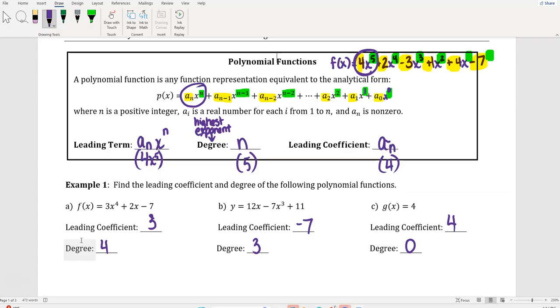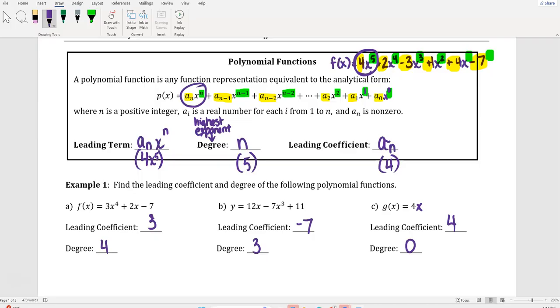And then the last thing that I saw was that a lot of you had a degree of 1 for the last problem. So what I like to do to explain this is, if I put an x here, what does the exponent of that x have to be? If that exponent is 1, now this function is 4x.